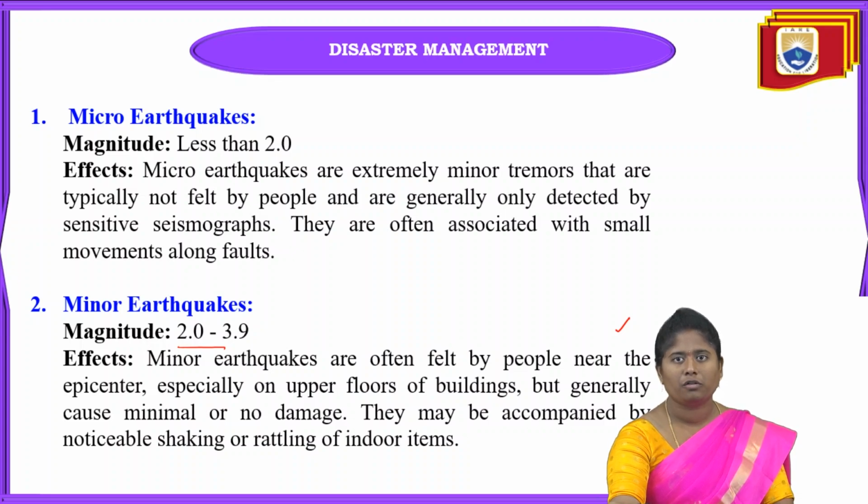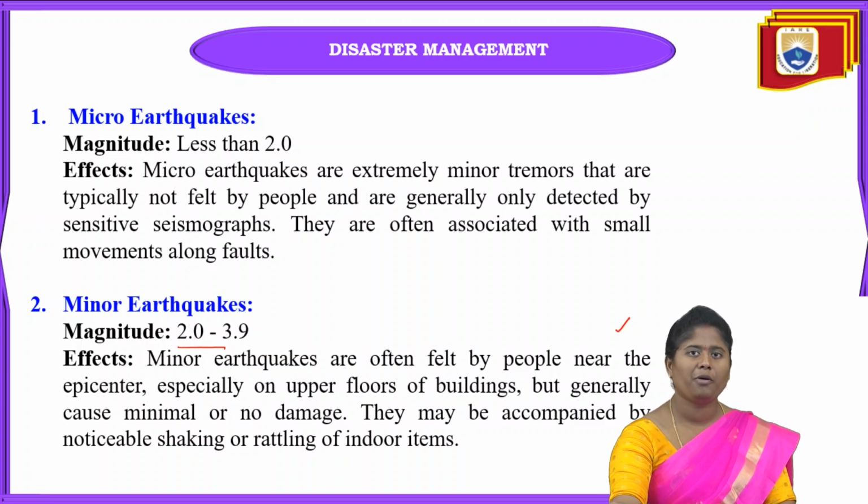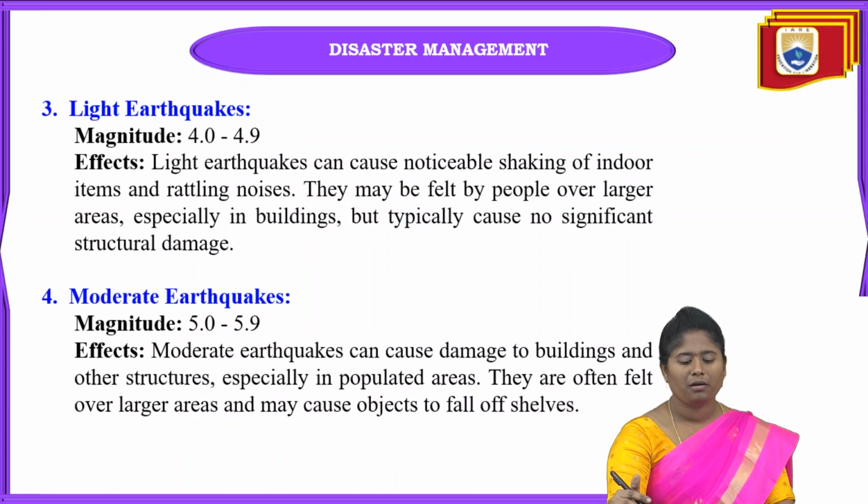So people, mainly on the upper floors of the building, can feel this type of earthquake, because it is almost 3.9 magnitude. Humans and also animals can feel this type of earthquake here. Next one is light earthquake.